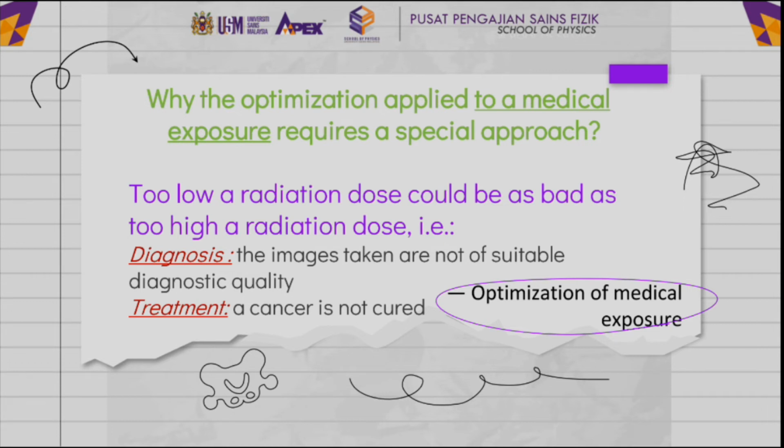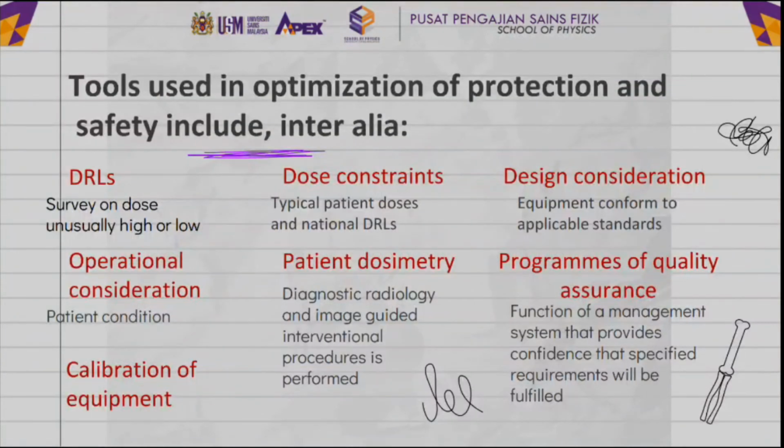effect toward the patients. Tools used in optimization of protection and safety include DRLs. DRL is a survey of doses that are unusually high or low. Dose constraints, typically patient dose and national DRLs.